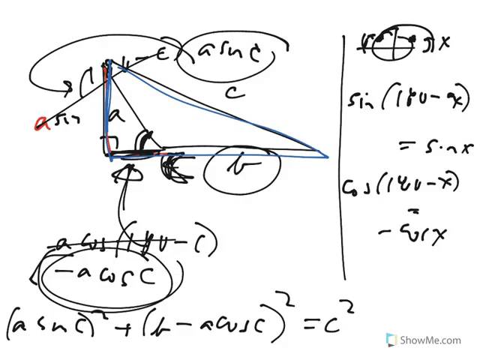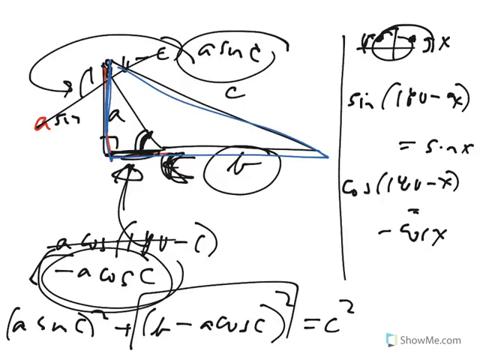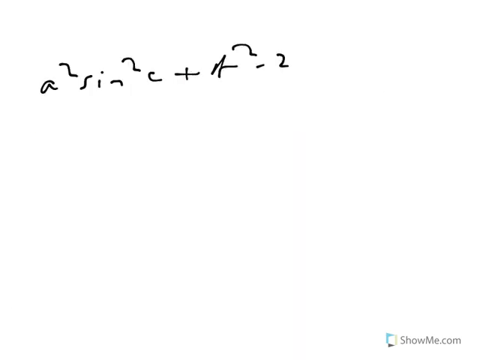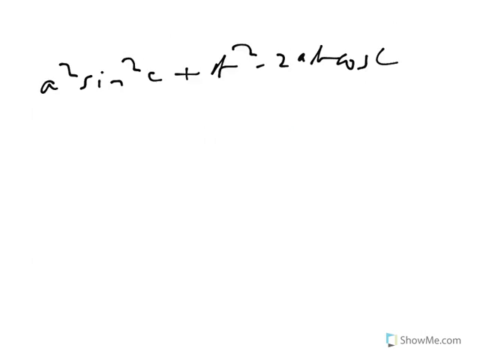This becomes a squared sine squared C plus b squared minus 2ab cosine C, and then plus a squared cosine squared C.